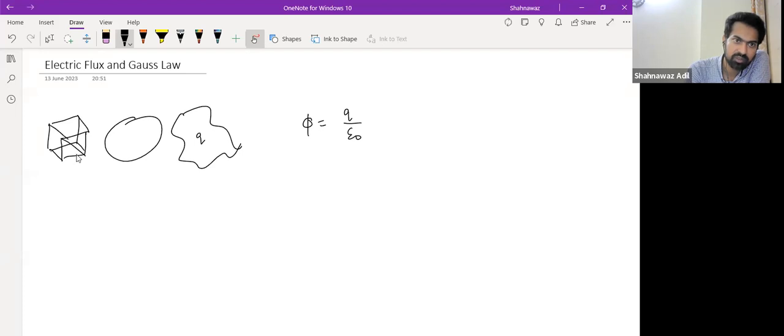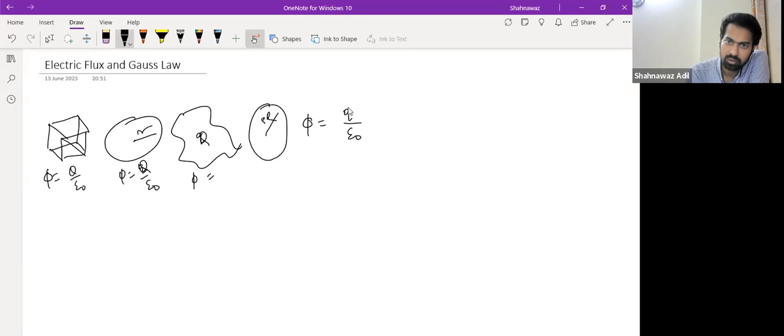So for this surface also, and for, let's say this is R, this is 3R, all these surfaces have the same flux.